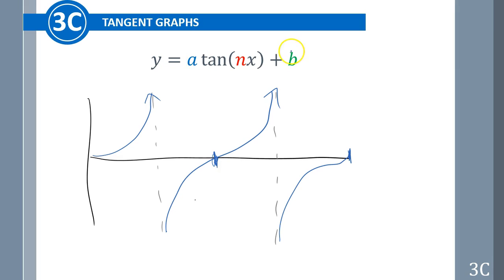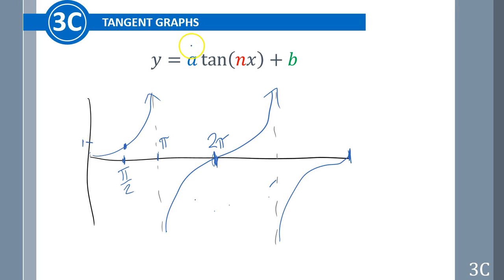We're also going to look at a. What a does is tell you a point on the graph halfway between your starting point and your asymptote. So let's say this period was 2 pi, my asymptote would be half of that, which is just pi. And then if we half that again, a tells us what the value is at pi on 2, which in this case is 1.